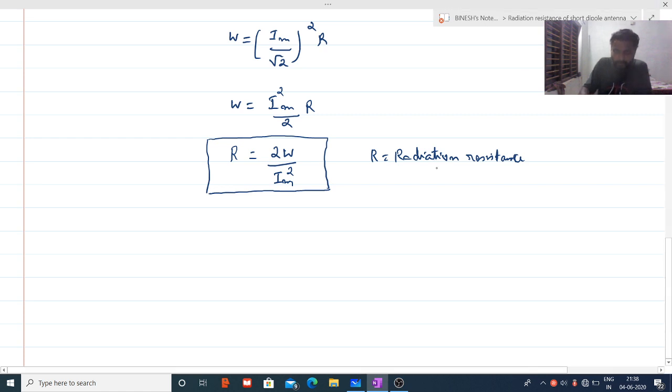In general we can write this R as R suffix R, that is normally indicated as radiation resistance.